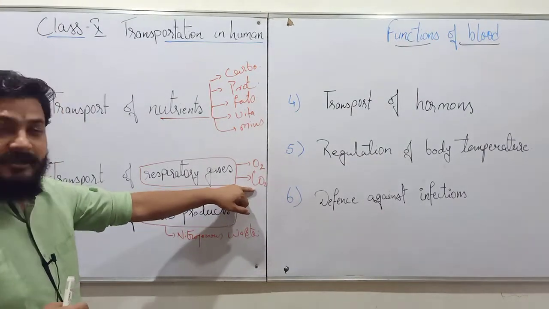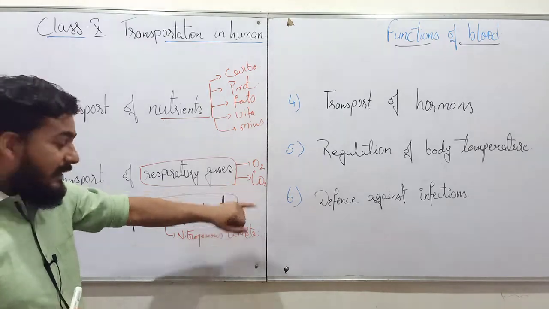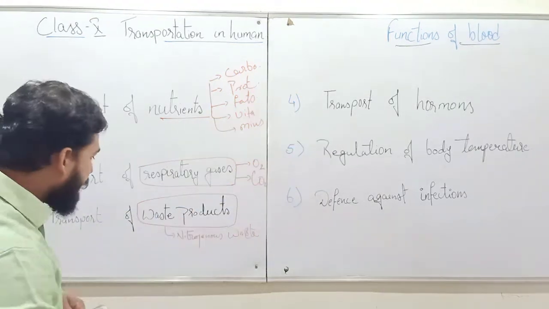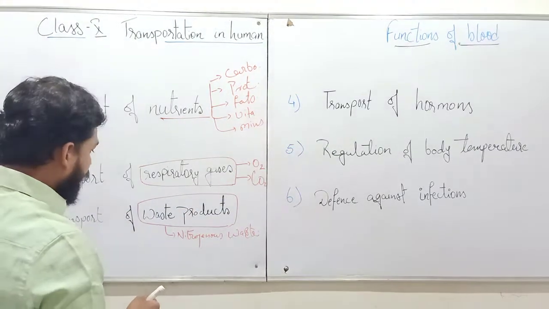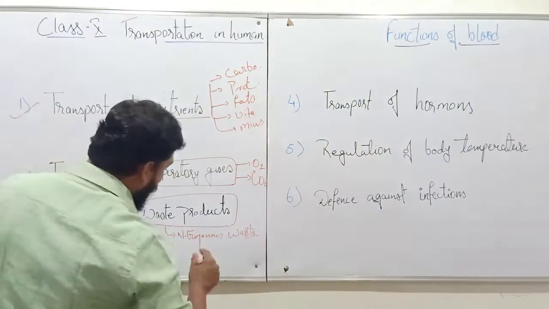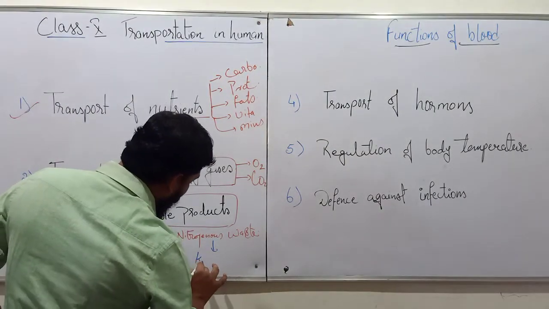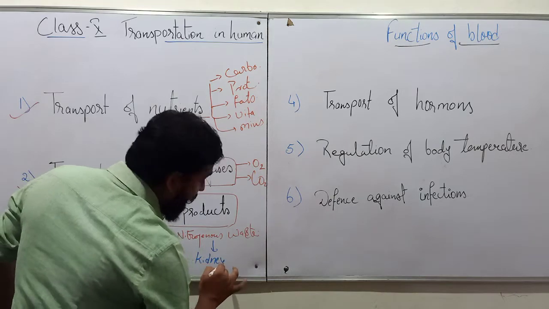This waste, carbon dioxide, was brought to the lungs, and then nitrogenous waste was sent to the kidney.